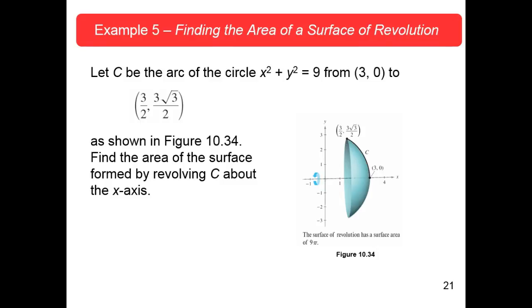Okay. So to find the area of that surface, you just take that little arc from (3, 0) to that point there, and revolve that around the x-axis. So now you're going to have your y, which is your g of t. They haven't told us what parameter to use.